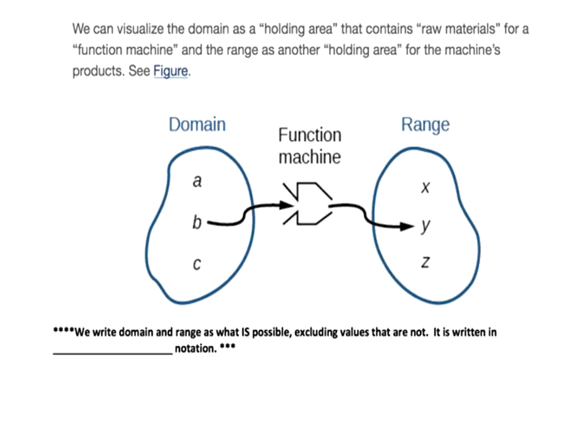So you've got domain you could think of as your potential, whereas range is your manifestation, and it moves through the function machine. So the domain gets put into the function, and what comes out on the other side is the range. We write domain and range as what is possible, excluding the values that are not. And our most preferred method for writing domain and range is interval notation, when possible.